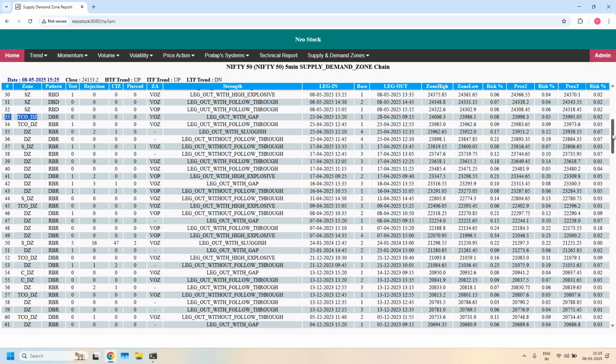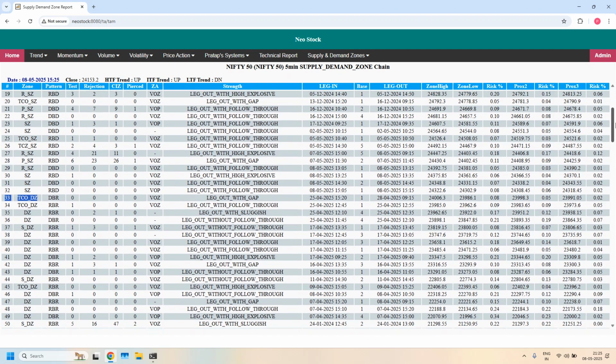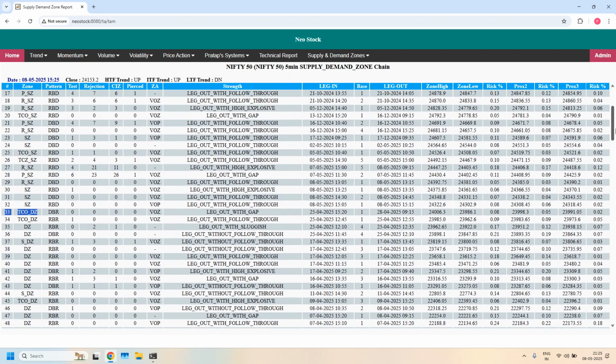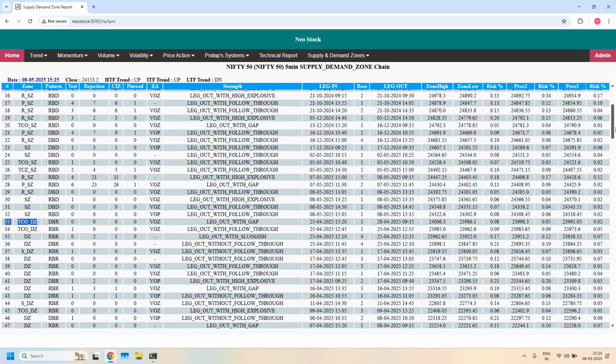I am adjusting in the middle of the page so that you can get equal number of demand and supply zones. Okay, this is about a NIFTY supply demand zone chain.